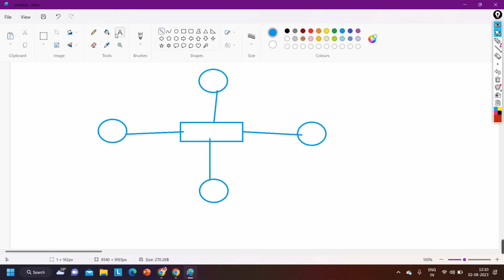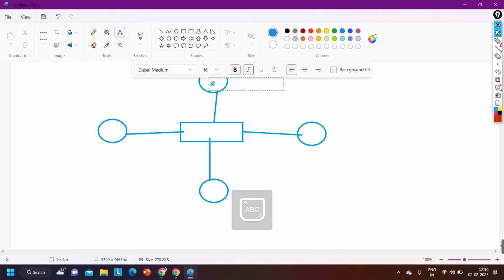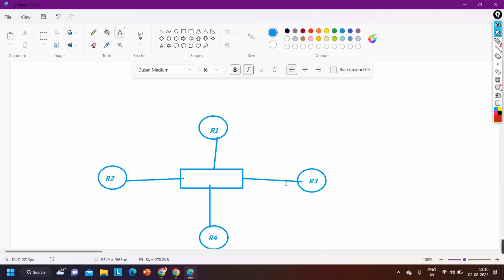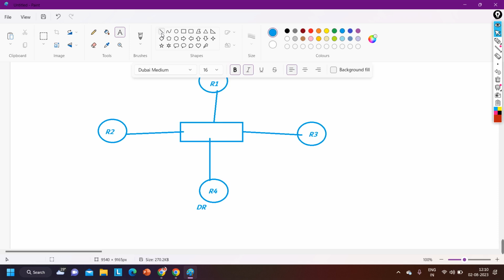Let's say in this network, R1, R2, R3 and R4. Let's say R4 is the DR router. So all DR other routers will form full neighborship adjacency with the DR only.